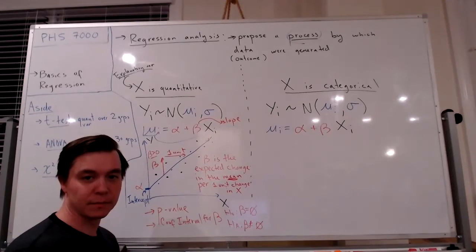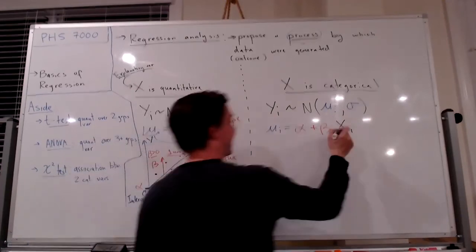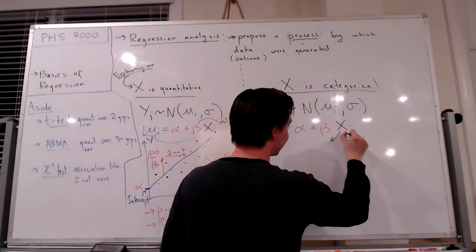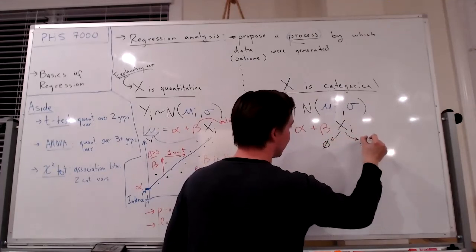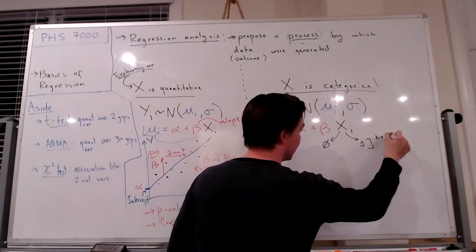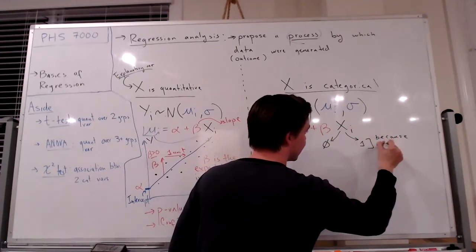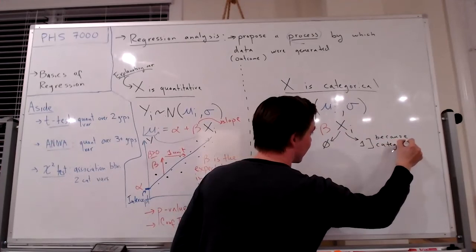That doesn't change. But this x is now categorical. So it's either going to be, say, a 0 or a 1.